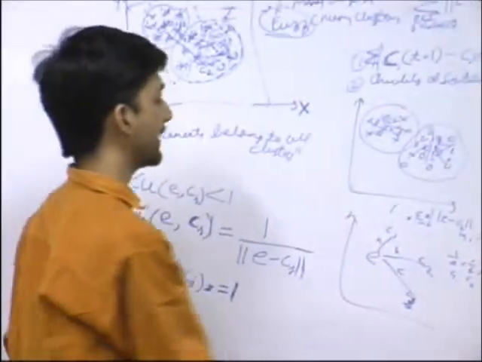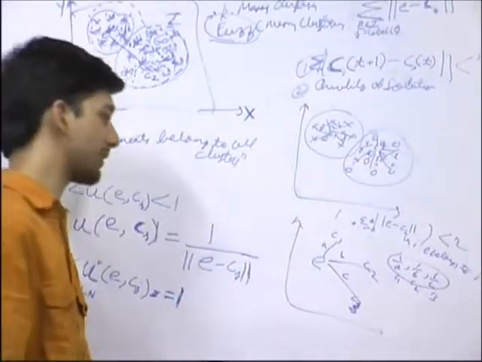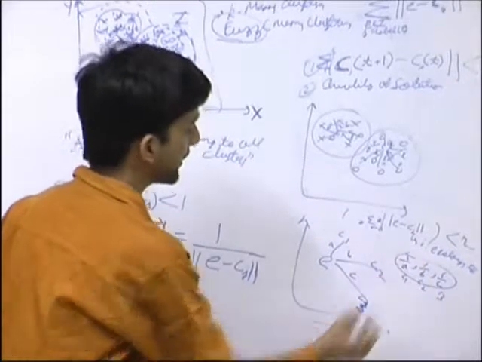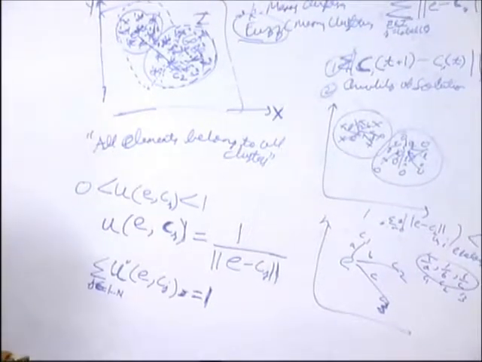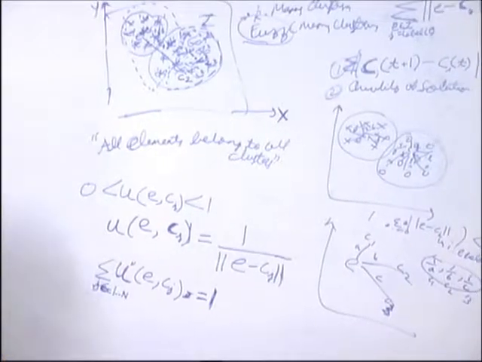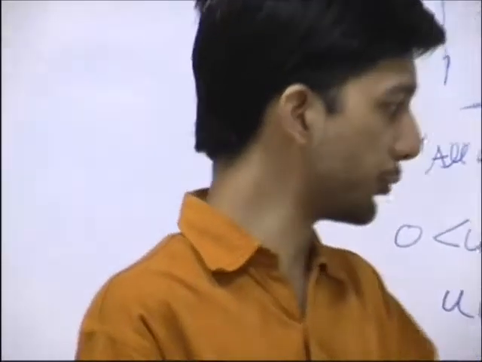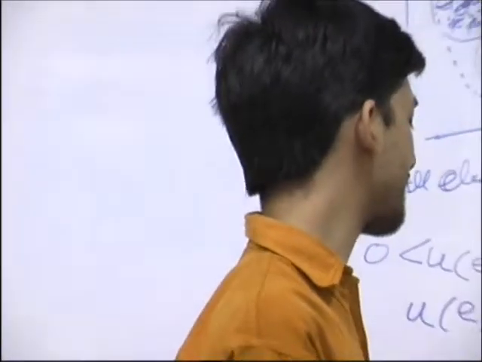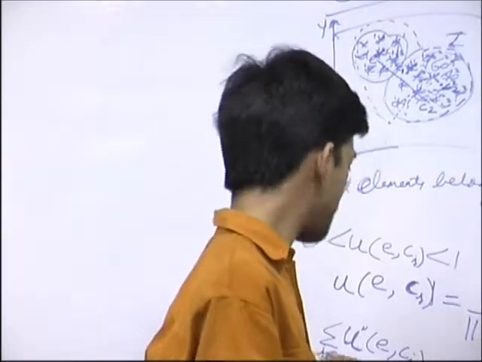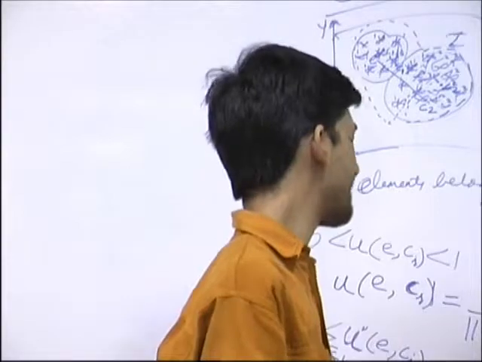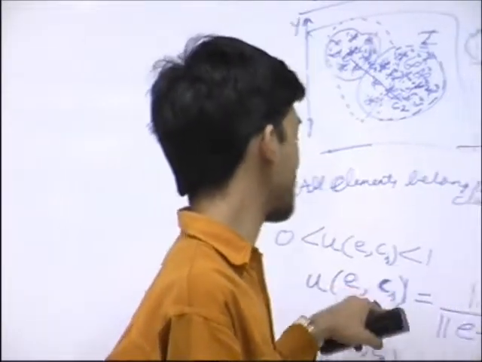I need to normalize this. So my actual membership values would be such that the sum of all these values should be 1. So that 1 upon A plus 1 upon B plus 1 upon C should ultimately come out to be 1. I need to divide it by certain factors so that this needs to be true. And how is the normalization carried out is a natural fact that you apply this over the summation of these actual values.